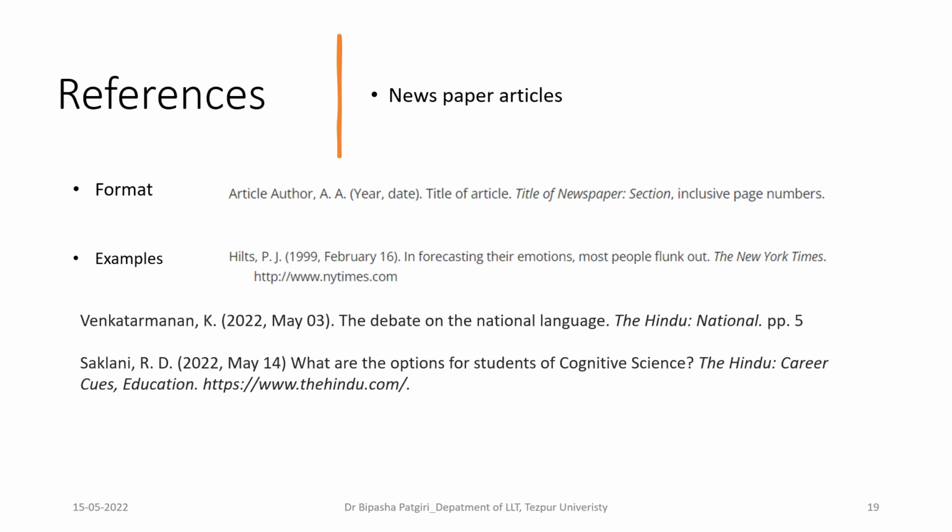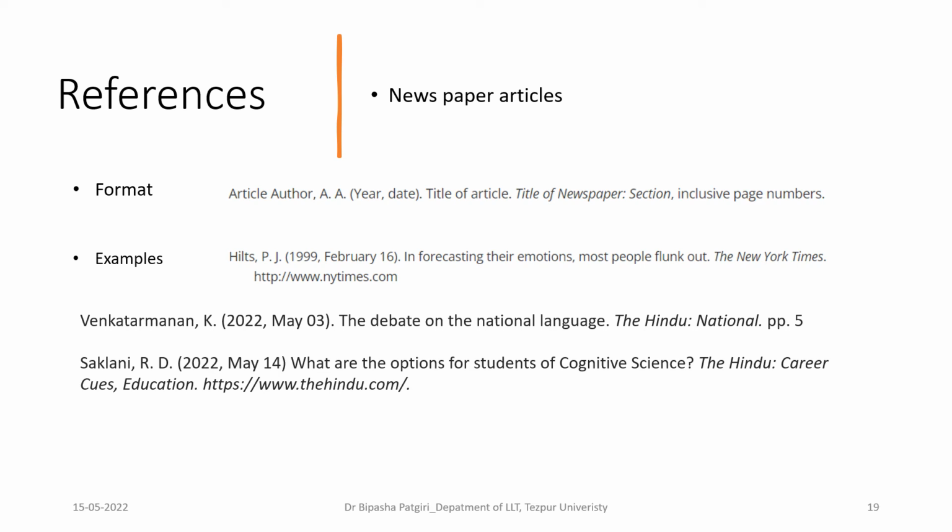Next is the newspaper article. Many times you must be reading newspaper articles while you are consulting information for your work. For newspaper articles, something very important appears, which you should be able to see: along with the year of publication, the date is also mentioned.